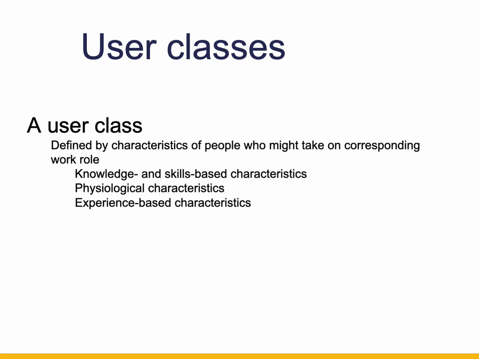So briefly, a little bit more about the user classes. In our previous slide, we discussed the characteristics of the type of user that might assume a work role. In this case, it would be the knowledge and skills-based characteristics, what kind of experiences they came in with. Generally, a ticket agent would have some computer skills, for example. Even physiological characteristics are important.